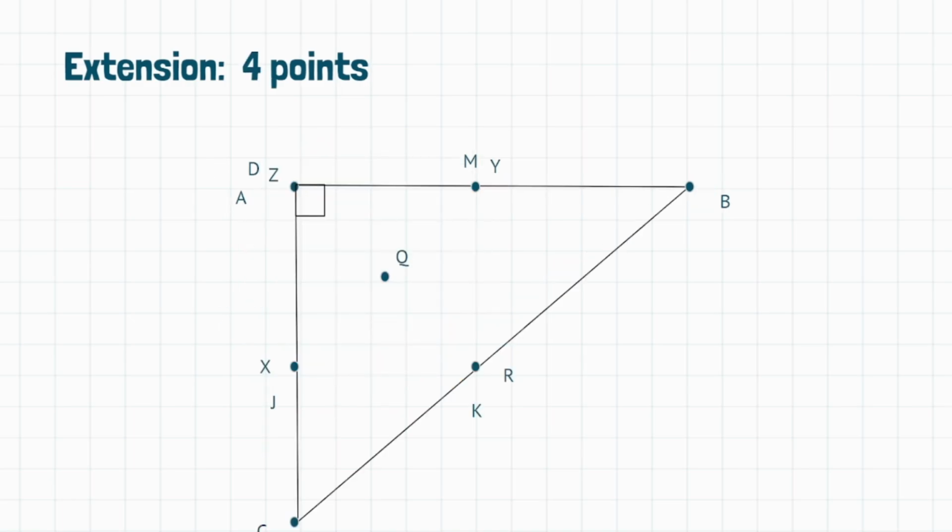Incredibly, a 9-point circle can be reduced to a 4-point circle.